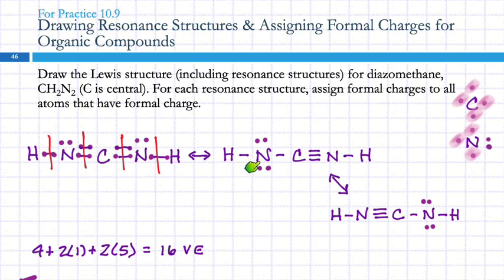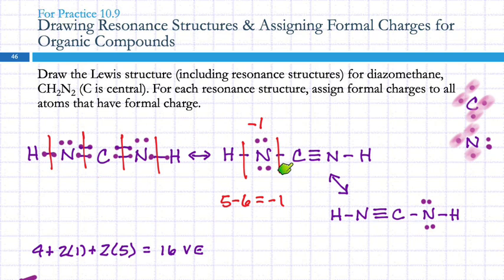Does this nitrogen have a formal charge? Yeah, because it's only got 2 bonds, right? So it's not 0. So let's look at that. Brings 5, leaves with 2, 4, 5, 6. So -1.